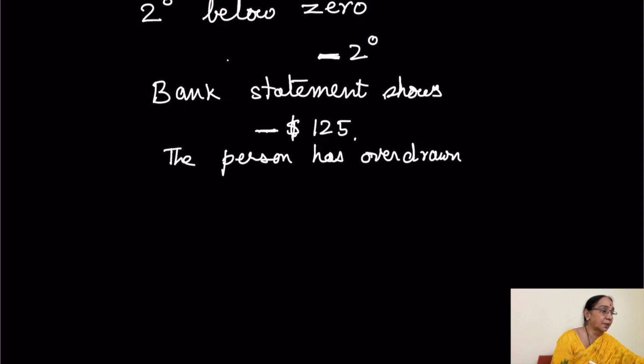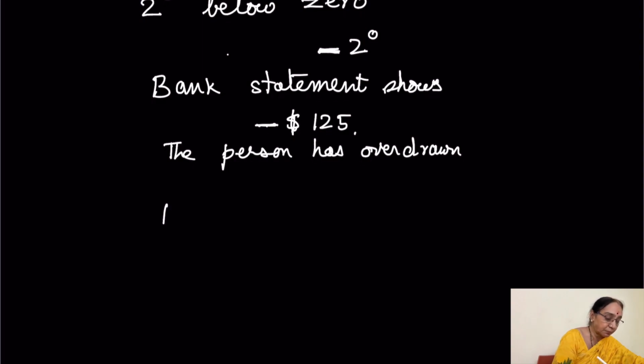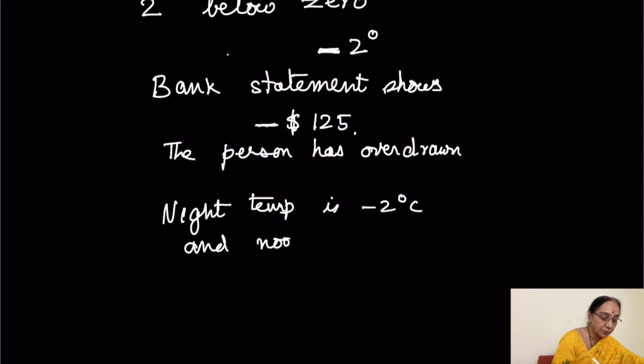Now, let us do some calculation. How will you calculate the change in temperature if the night temperature is minus 2 degrees centigrade and in the noon the temperature is 17 degrees centigrade? What is the change? From negative 2 it has gone up to 17.